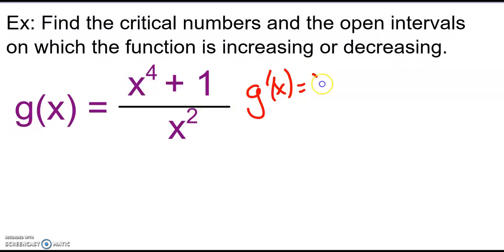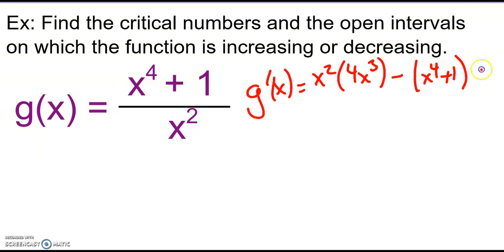So low is x squared. Derivative of the high, so we'll have 4x cubed, minus high d low, so 2x, over low squared.